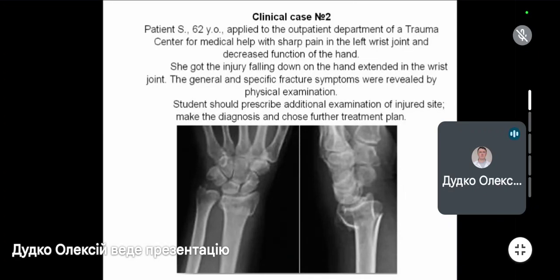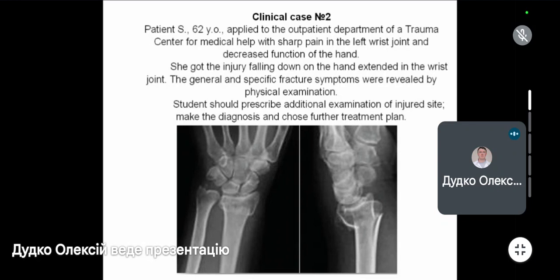When you see the signs of fracture healing, you may remove the plaster of Paris, and you can ask the patient to move his wrist, to perform physiotherapy, and that's actually what you are doing with your patient.